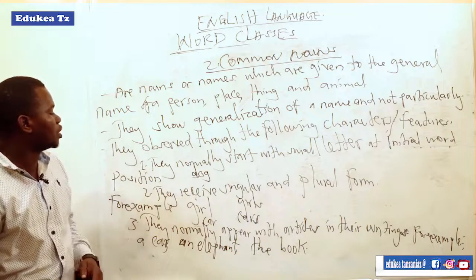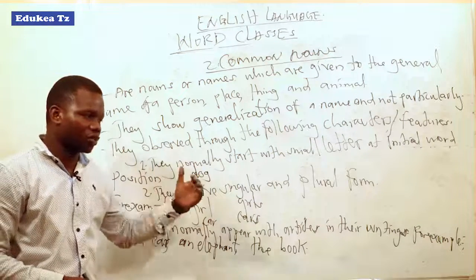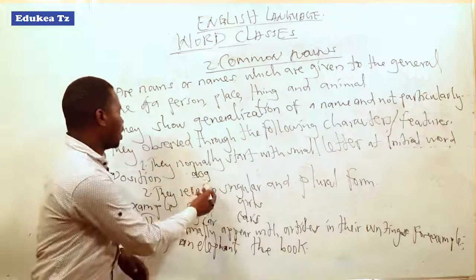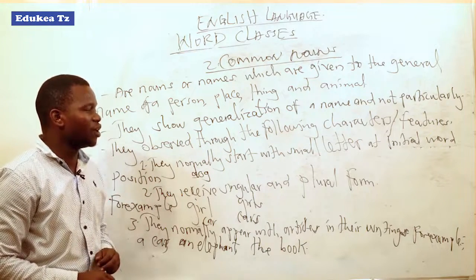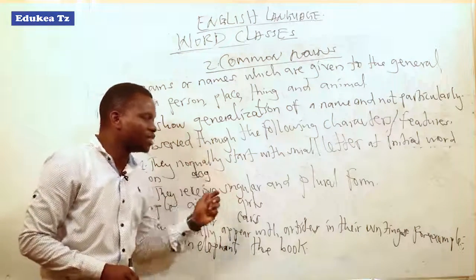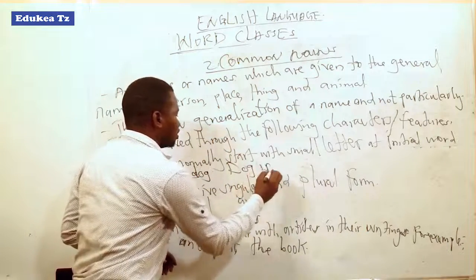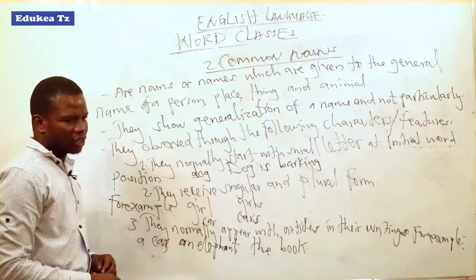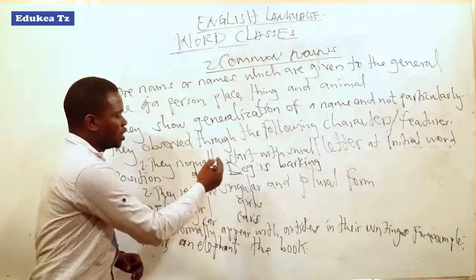Otherwise, when we discuss punctuation, we shall see that in other cases a common noun may appear with a capital letter at the word's initial position. This is a special case if it appears at the first part of a sentence. For example, Dog is barking. We can observe here the word dog has started with a capital letter.